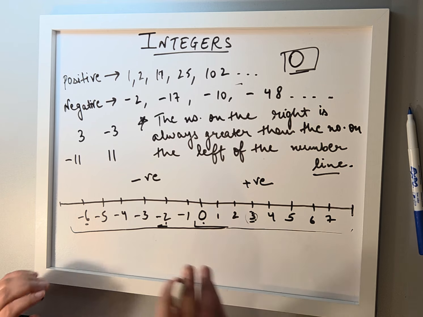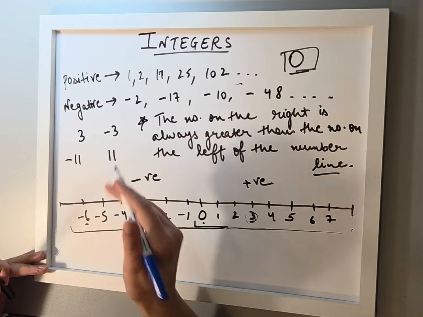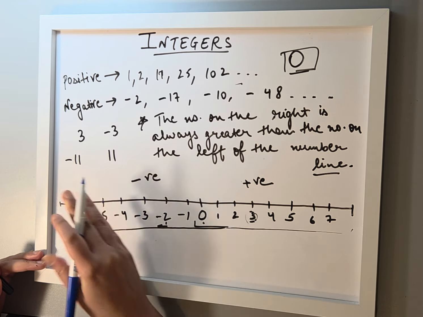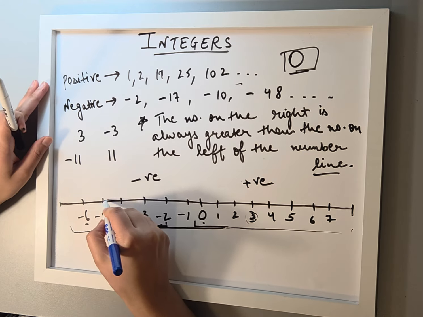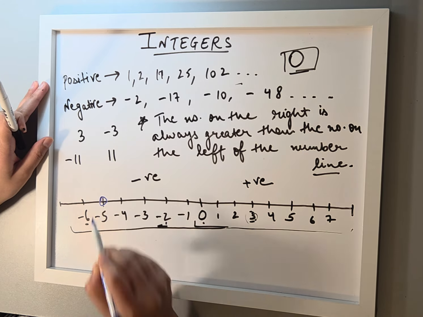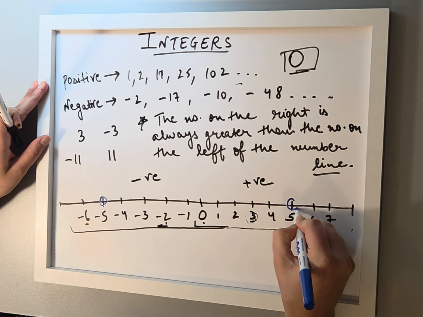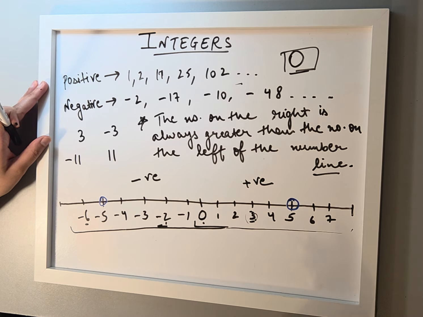And each number, as we discussed, will have an opposite. So if I say we have minus 5 represented on the number line, we draw a number line and say this is minus 5, and what is the opposite? 5. We can draw that on the number line as well. Let's take another number, 8.